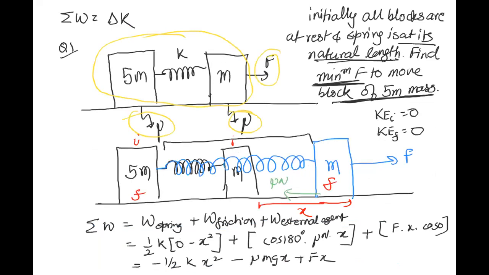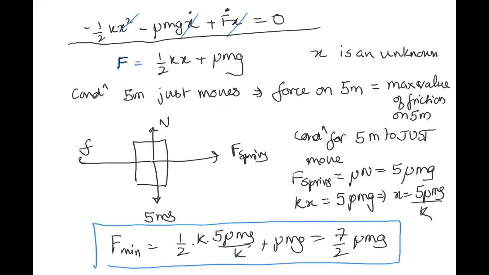But that is not the case. Okay? That is not the case. I only require 7 by 2 mu mg. That means 3.5, a little over half of what is minimum according to the initial answer. Right? Why is it?